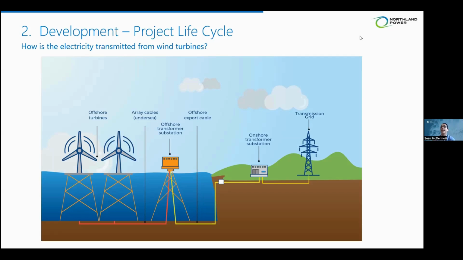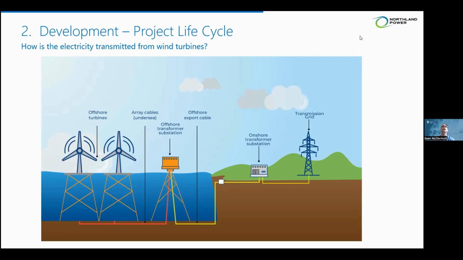Nonetheless, this graph mostly shows what most wind farms look like, and a lot of what's here demonstrates what the offshore developer is responsible for permitting, building, financing, and operating, which is to say the turbines, then the foundations, then the array cables, which connect the individual turbines to an offshore substation, the offshore substation itself, and then the offshore export cable.